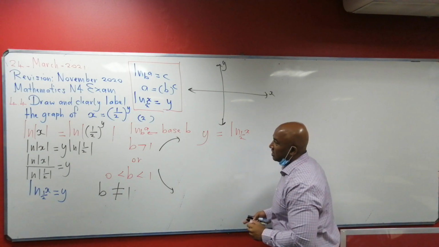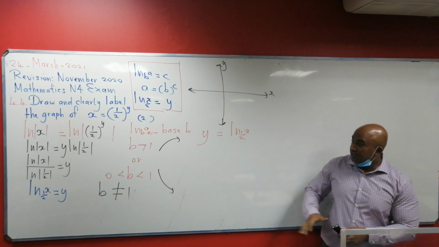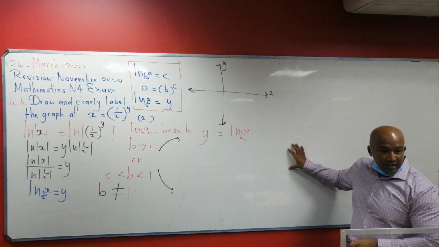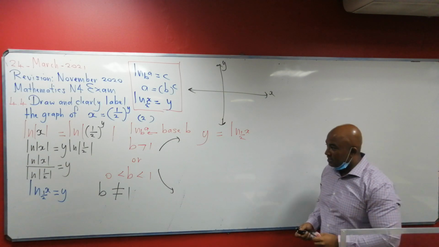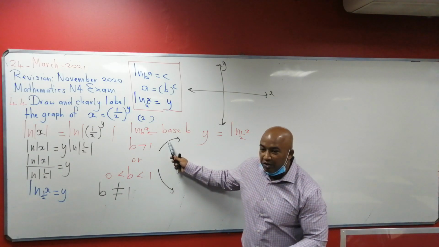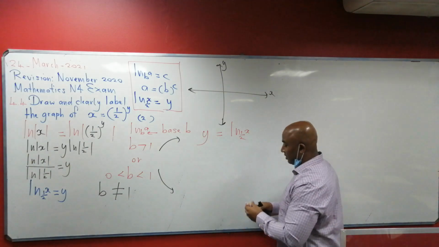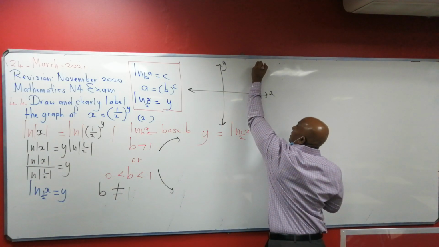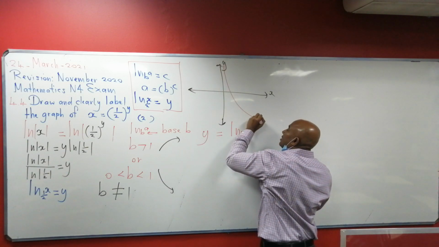It's just a rough sketch for 2 marks here, not for 20 marks, where you're going to go and start drawing a table and substituting values. If you want to, you can do that. But the fact is, you need to just make sure you know the basic shape of the graph and the critical points here. So this is a decreasing function, so it's going to come down.